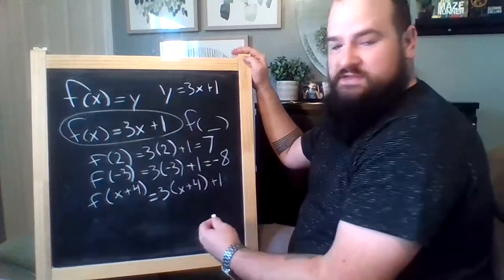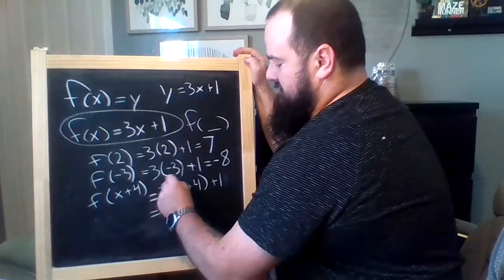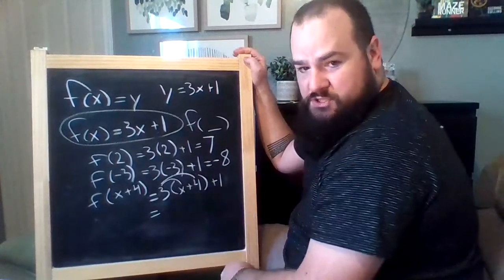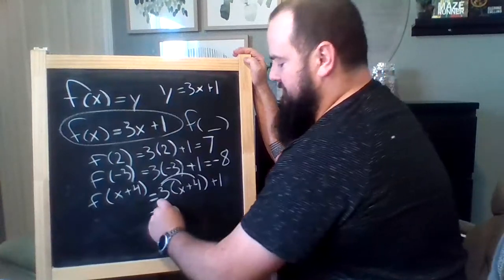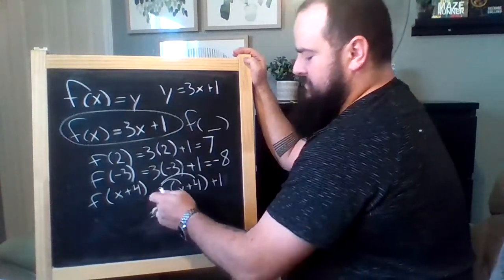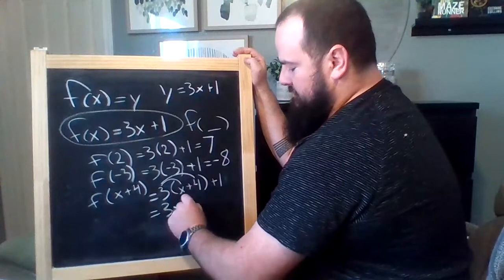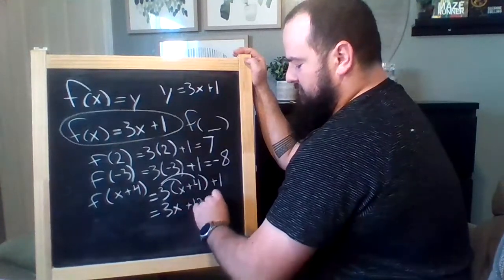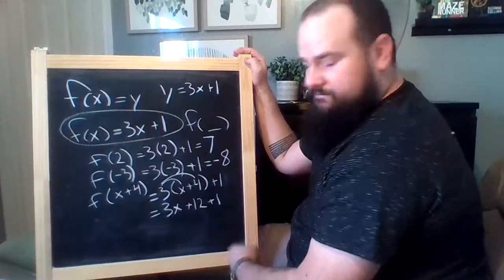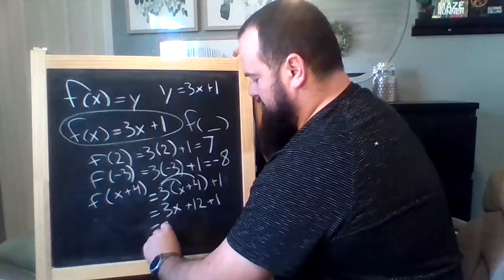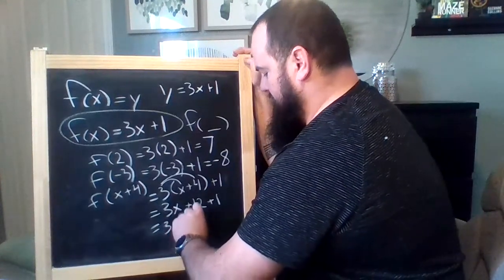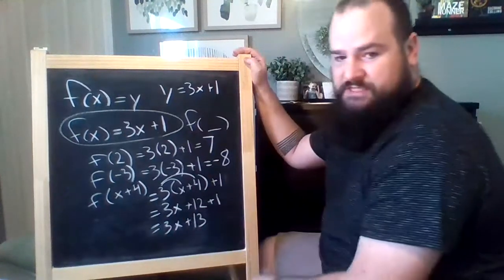Now we can just simplify this using some distribution. 3 times x gives me 3x. 3 times positive 4 gives me positive 12. Plus 1. In our final line, we get 3x plus 13.